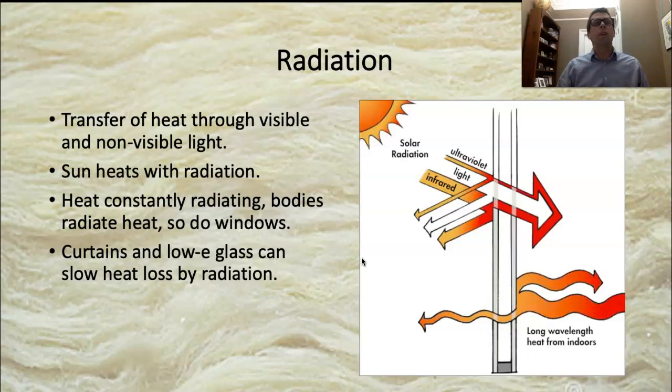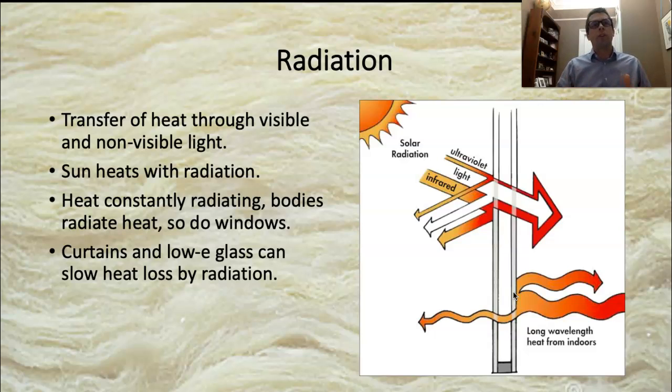What we can do, and again, windows being the biggest weak points, if we install low E glass on these windows, that will do a lot to reflect the radiation, okay? And that low E stands for low emissivity, okay?